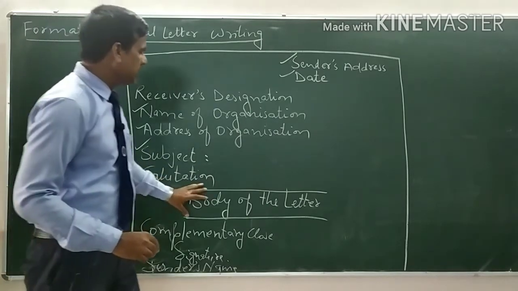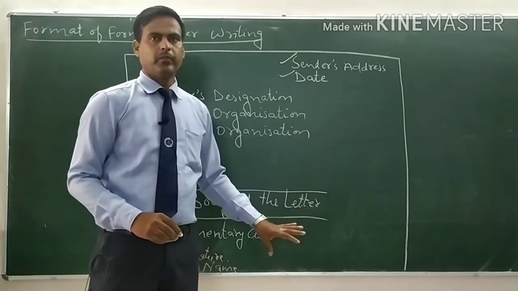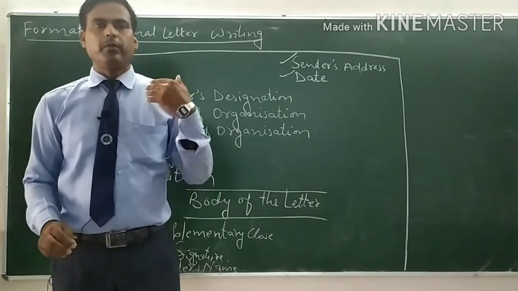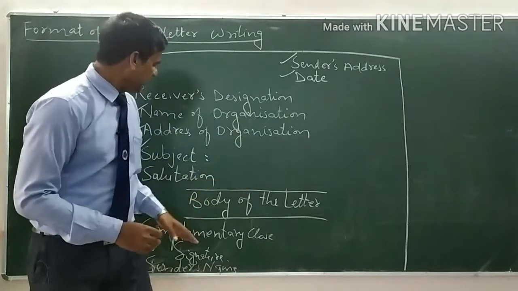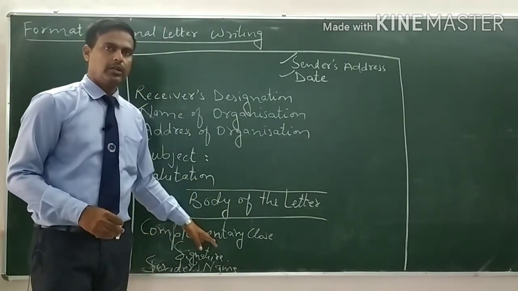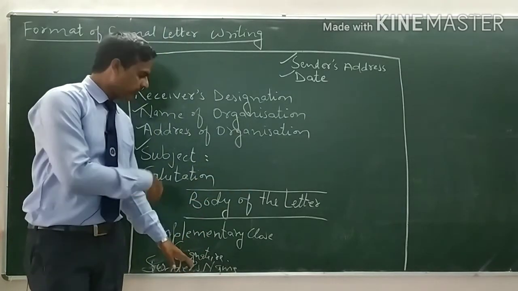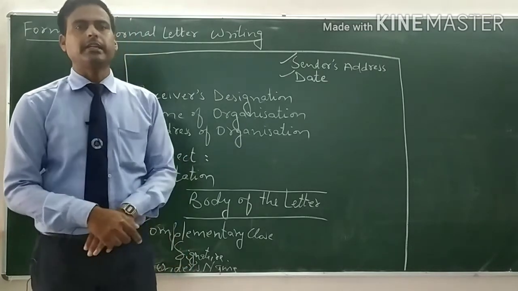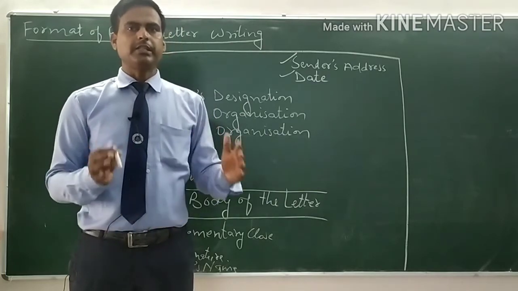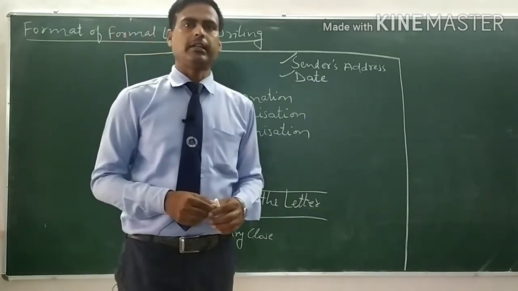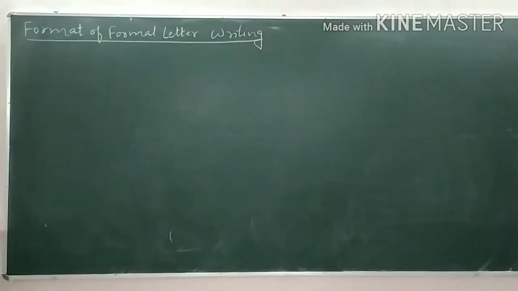After the salutation, here will be the body of the letter. When we complete writing the body of the letter, we will write the complimentary clause with our full name, and above our full name we will also sign. So this is the format of formal letter writing.